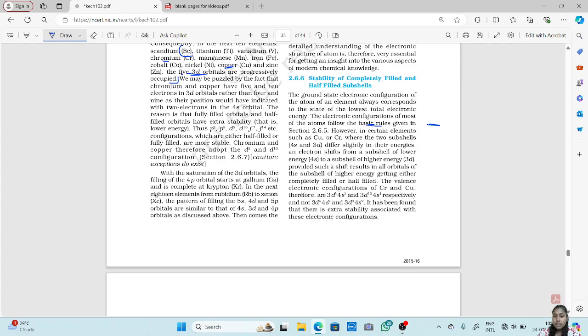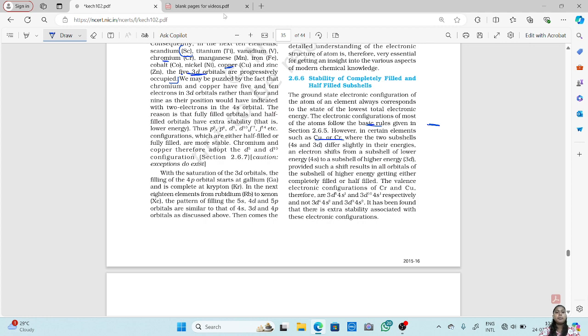However, in certain elements like copper and chromium, where the two subshells 4s and 3d differ slightly in their energies, an electron shifts from a subshell of lower energy to a subshell of higher energy, provided such a shift results in all orbitals of the subshell of higher energy getting either completely filled or half filled.